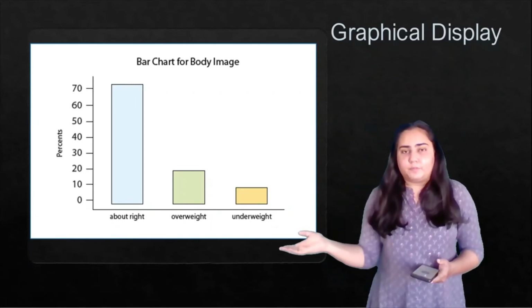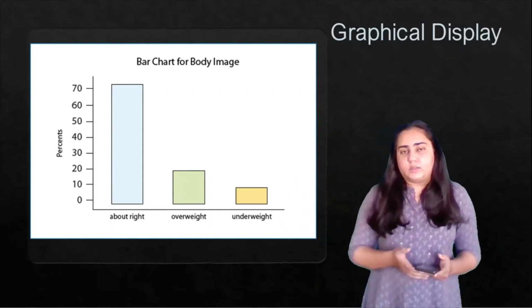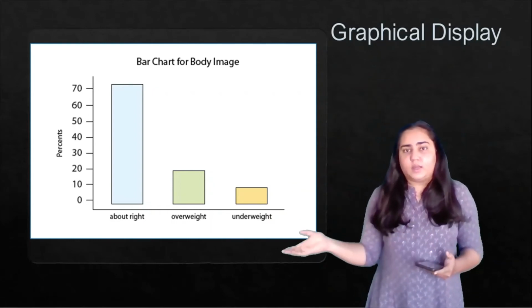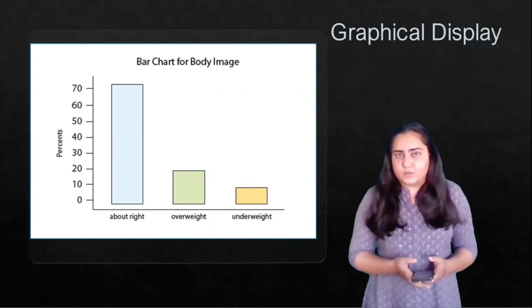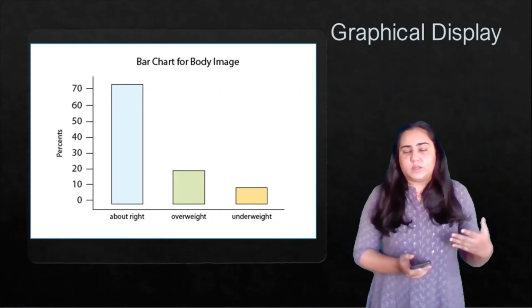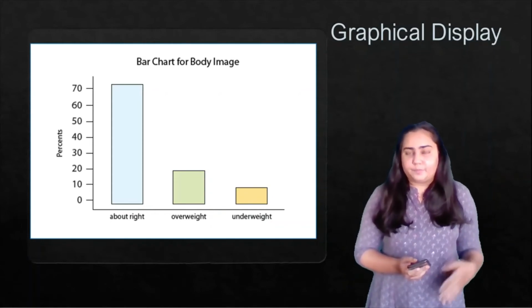Then the one next to it, which is overweight, is much smaller than the blue one. And finally the underweight category, which is even smaller, the smallest. So this is another way to represent this type of data.